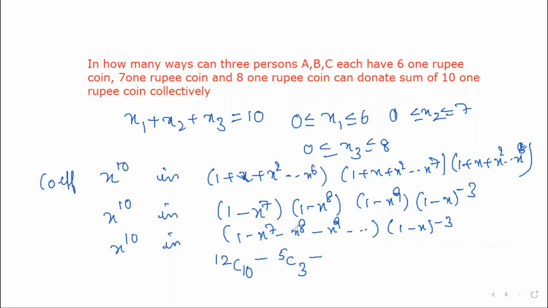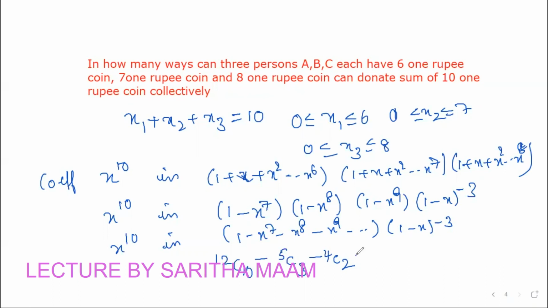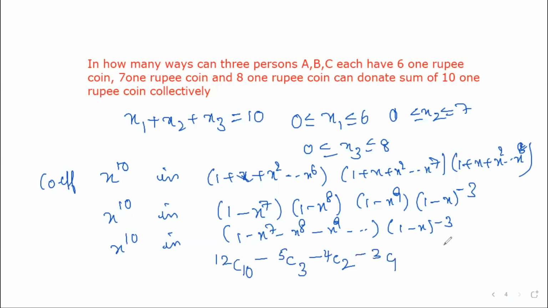Then minus 1, if I consider x^8, I have to collect the coefficient of x^2 here, which is 4c2, minus 3c1. So overall, if we calculate this, it's going to be 47.